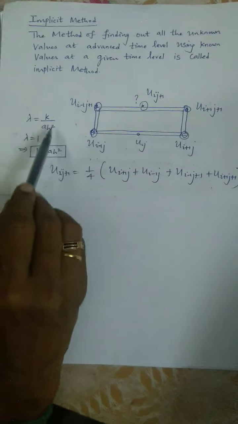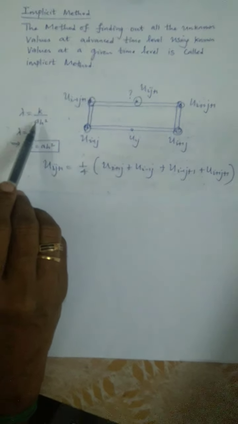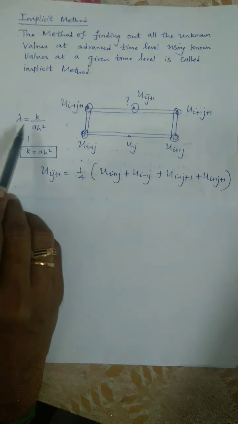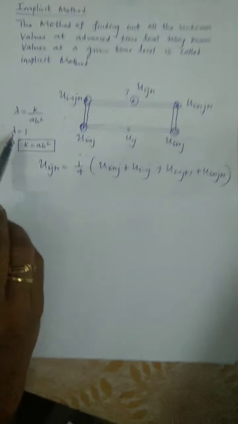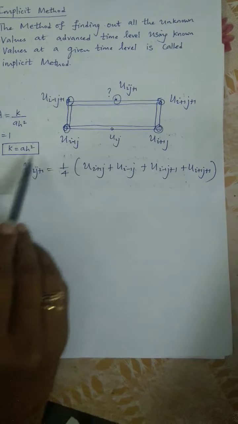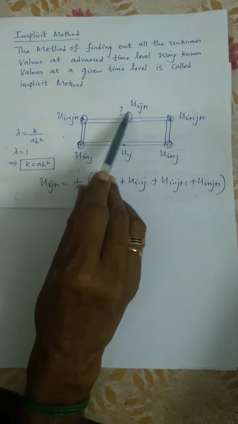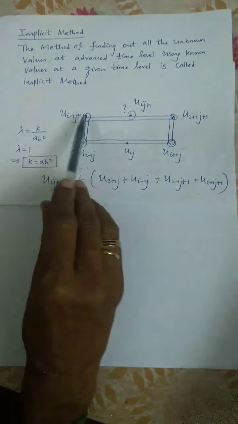So now in this method, we are going to take lambda equal to k by a h square. We have already discussed this in the book work. By setting lambda equal to 1, that is the Crank-Nicholson scheme. So when I set lambda equal to 1, k equals a h square. The finite difference scheme you can easily recall by using this molecular structure diagram. For u(i, j+1), the value I want to find is nothing but the average value of these four.